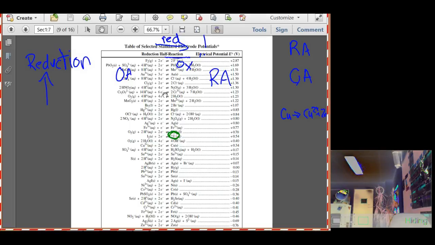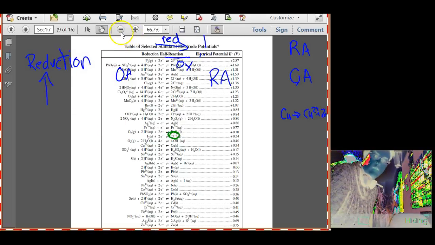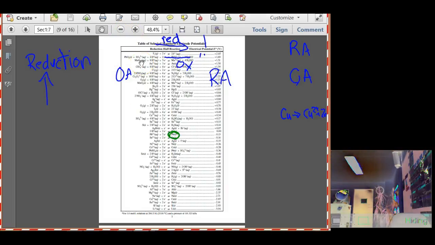I'm going to need to zoom out a little bit more. Take a look at the position of the OA and the RA. The RA is above the OA. This particular chemical reaction is not a spontaneous reaction.